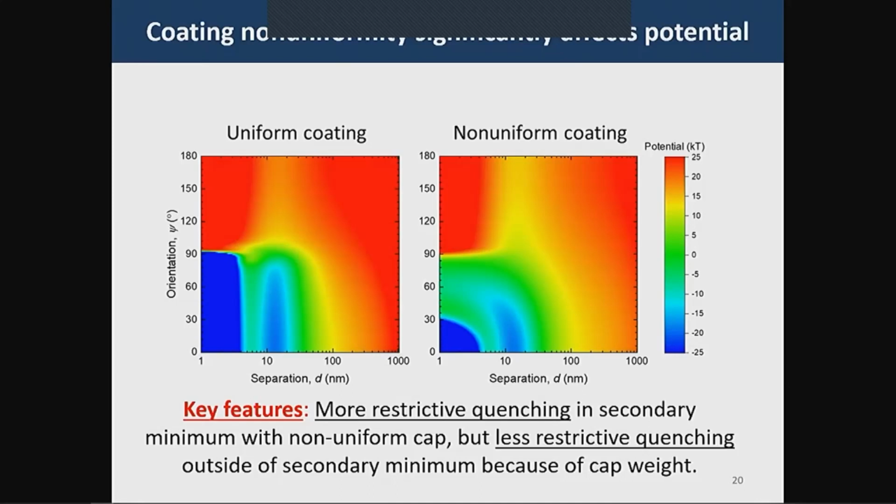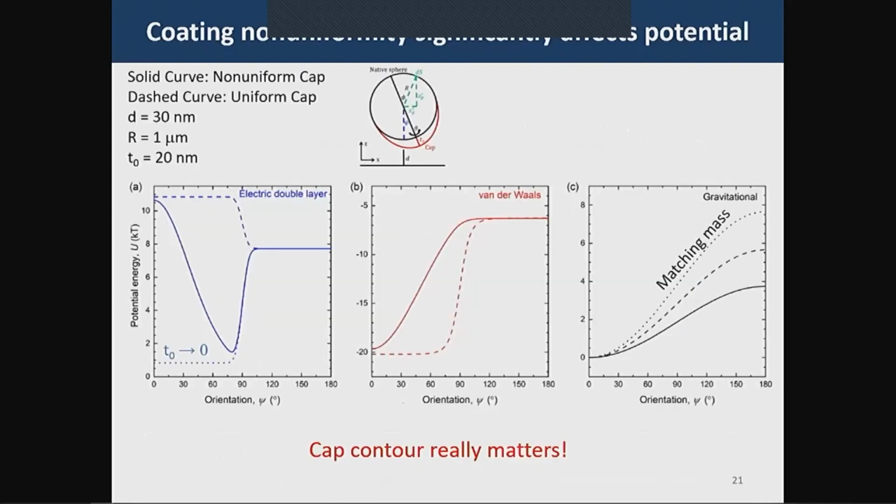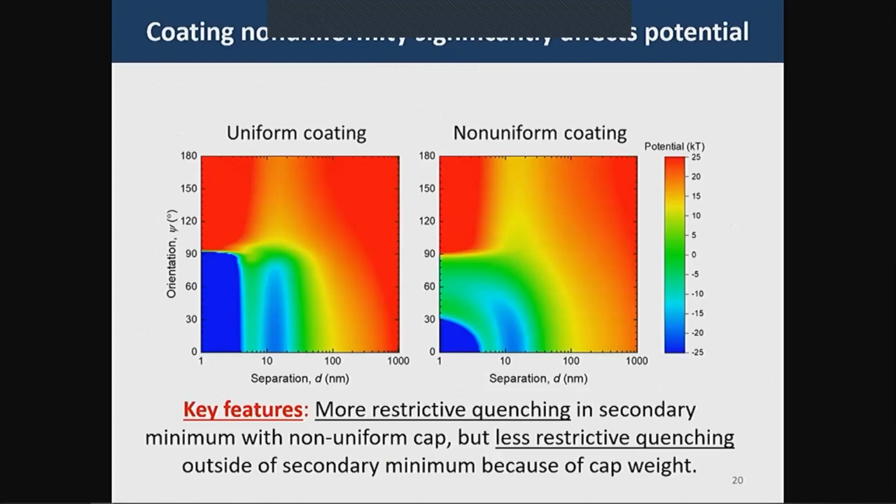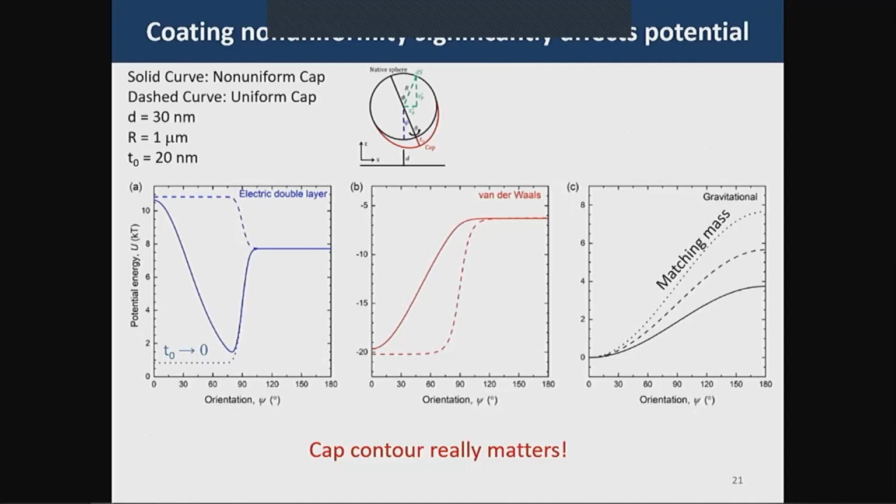And just to finish up here, you can unpack the landscape a little bit more effectively, I would say, by separating out all the contributions. And I think this is probably maybe the most efficient way to communicate the effect. But I have here the 3 contributions: the electric double layer contribution, the van der Waals contribution, and the gravitational contribution.